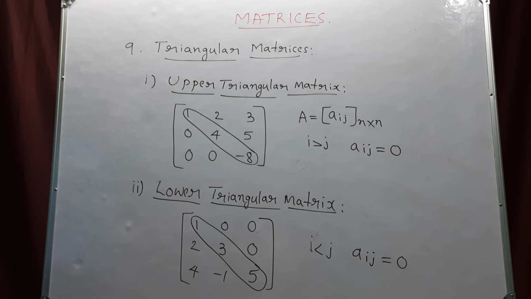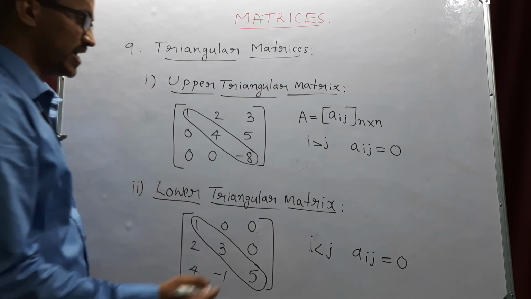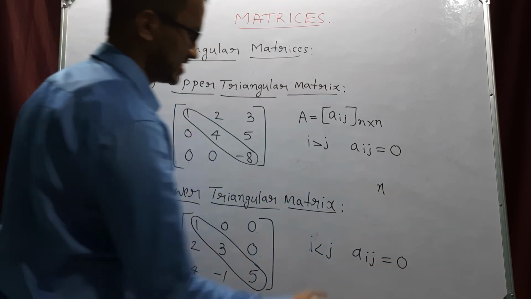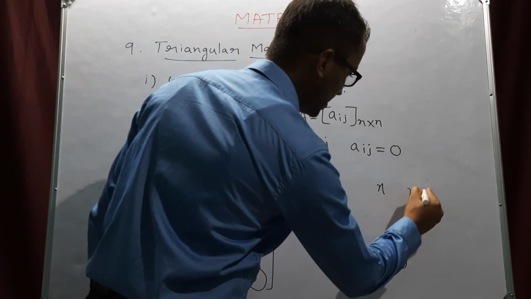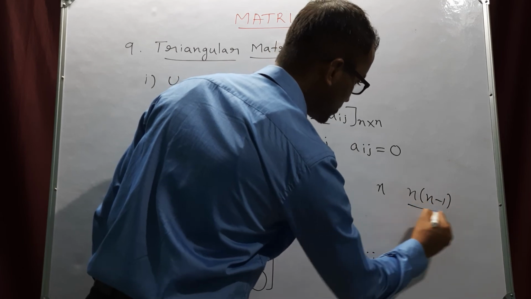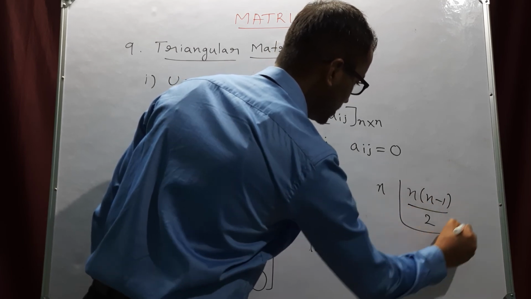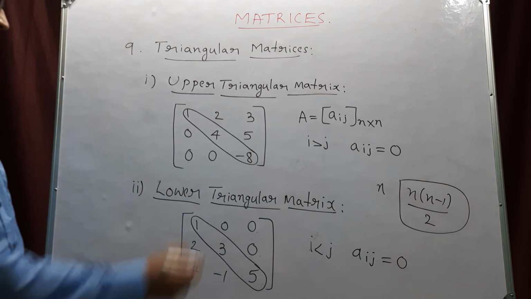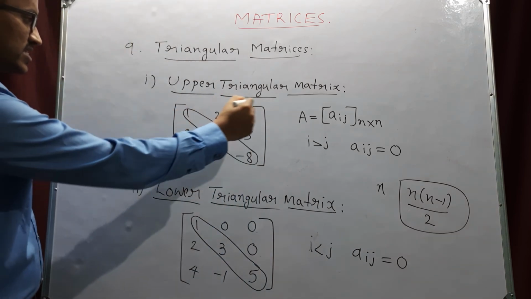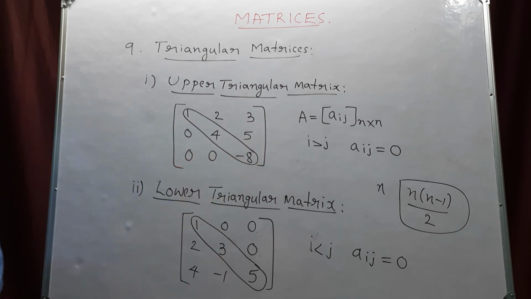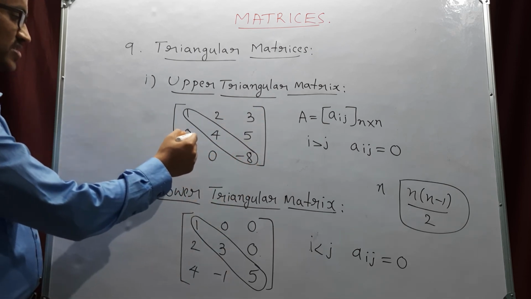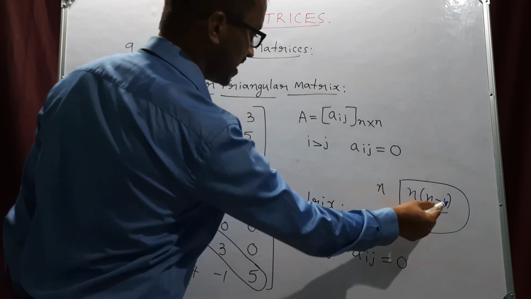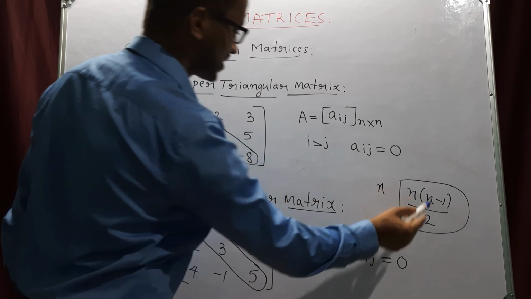One thing we have to remember in upper and lower triangular matrices is the minimum number of zeros. The minimum number of zeros in an upper or lower triangular matrix of order n is given by n into n minus 1 by 2. This is the formula to find the minimum number of zeros. Here the matrix is of order 3, so the minimum number of zeros is 3 into 3 minus 1 by 2, that is 3.